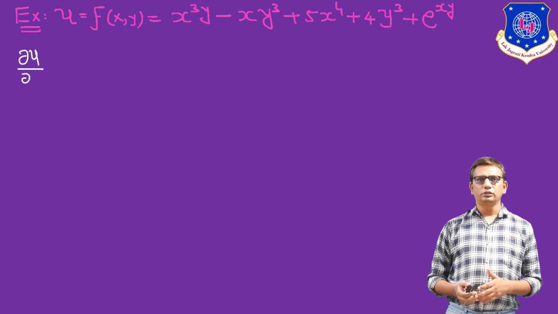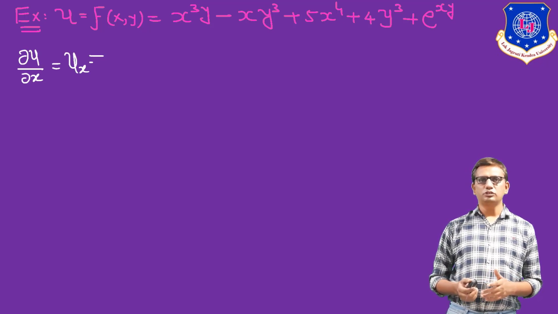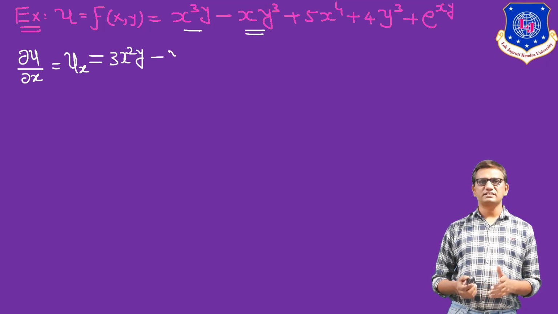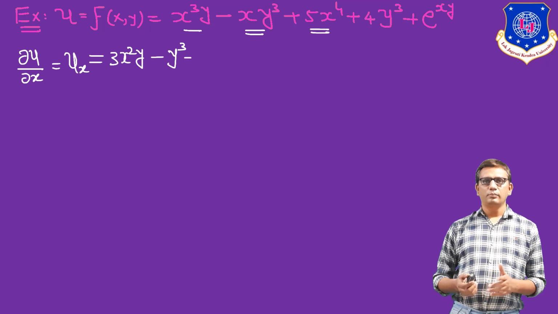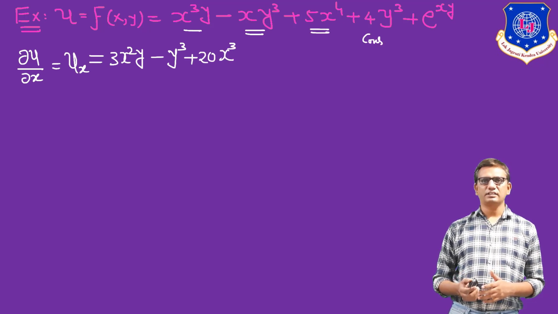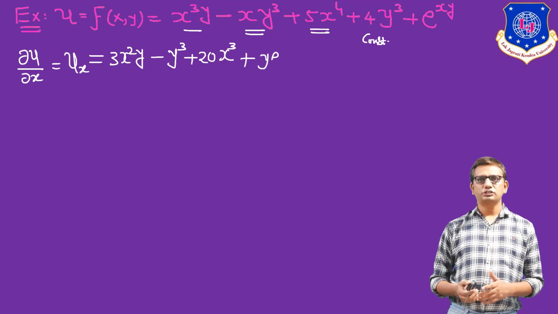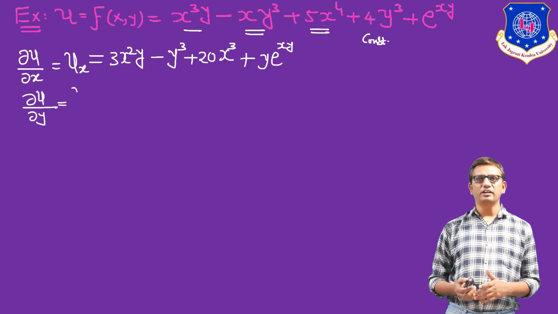Now we differentiate u with respect to x, then we have ux equal to 3x square y minus y cube plus 20x cube. Next is the constant term 4y cube, so its derivative is 0, and the last term derivative is y e raised to xy.